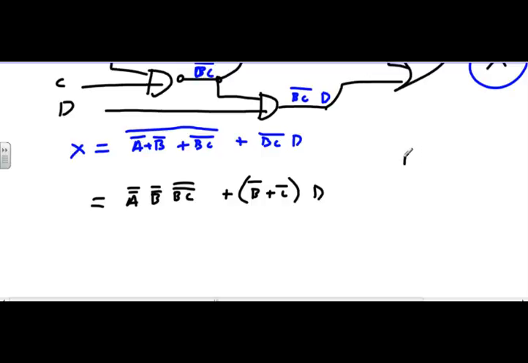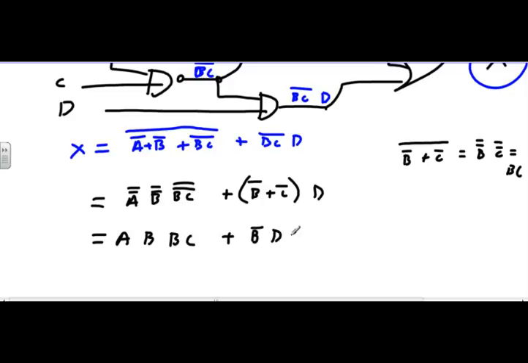I could have written it B or C knotted like that, and that would have been B double naught, C double naught, which would be BC. But BC double naught is still BC. So this is going to be A, B, BC, or B naught D, or C naught D.